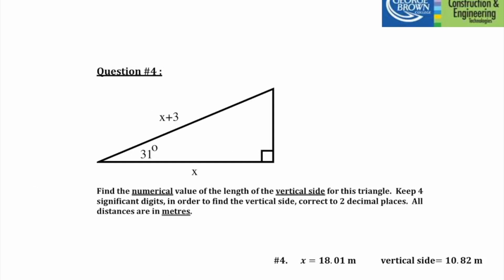Time for some algebra. This question here, there's nothing really profound about it. We did something similar to it in the previous unit. In this case, I'm just trying to make sure that your algebra is up to speed here. So we're just trying to solve for the length x, and then ultimately you're trying to find actually the length of the vertical side.